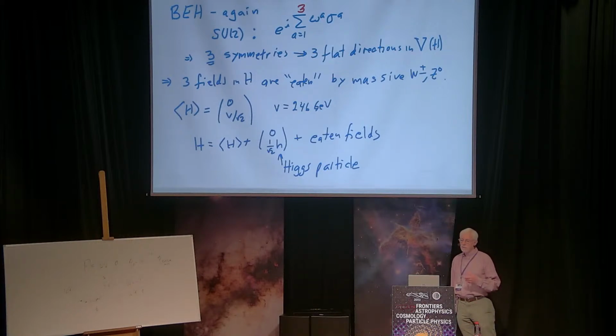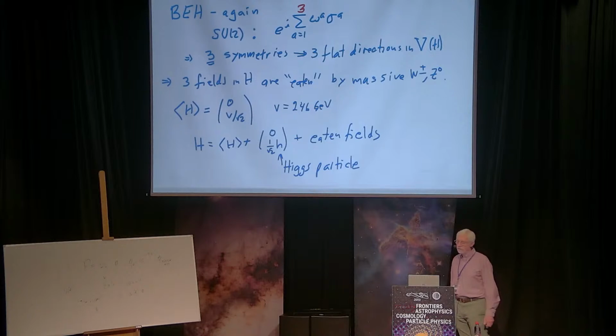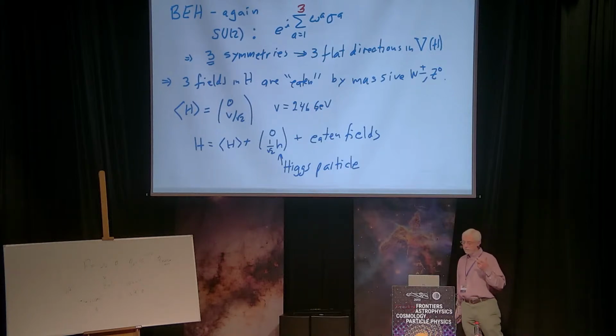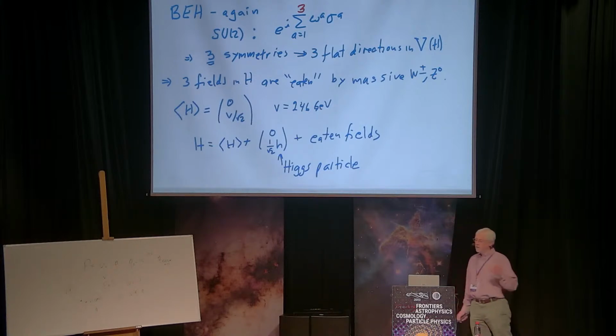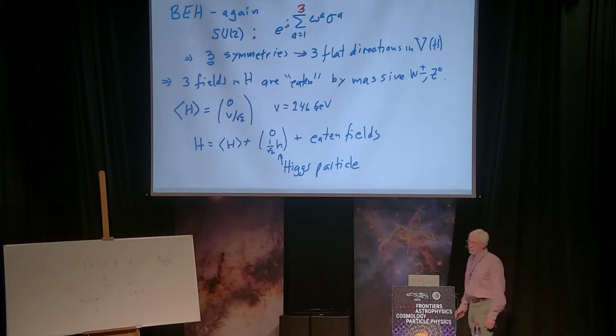And then that means that instead of one field being eaten by this mechanism, there's three fields that are being eaten. And that says that three of the gauge fields in that list of 8 + 3 + 1 gauge fields that I showed you before become massive, and that's the W plus minus, and the Z, which is 0.